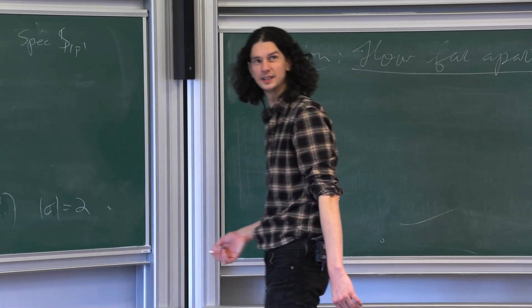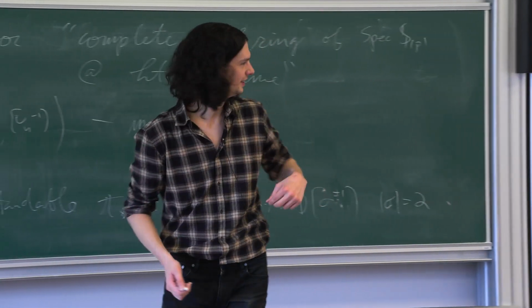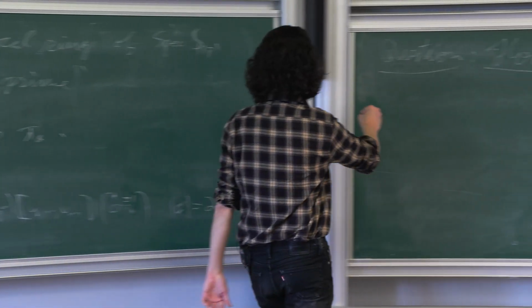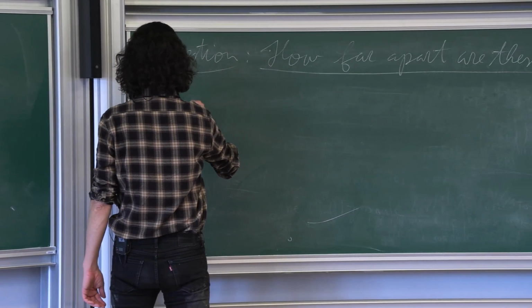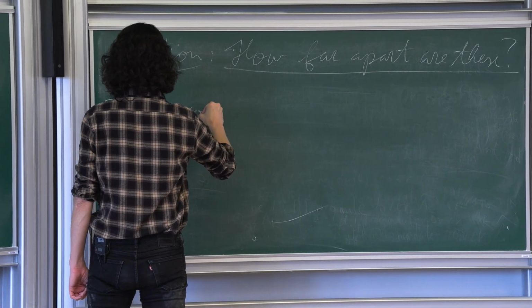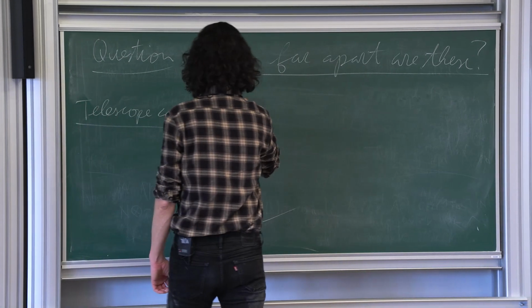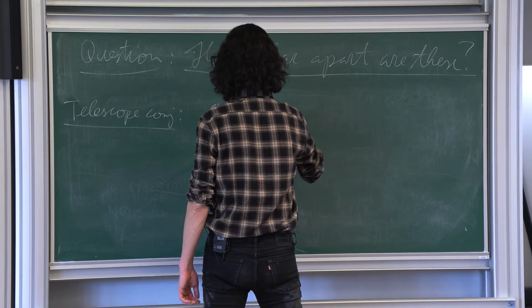Well, maybe I'll just say, let me at least state the telescope conjecture. The telescope conjecture sort of says that the map is faithful.